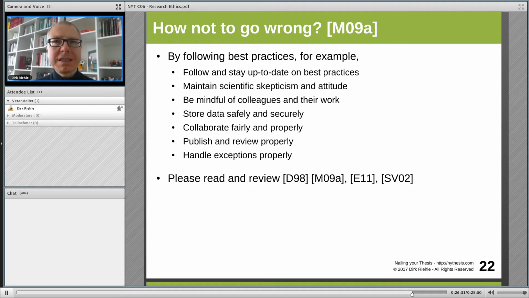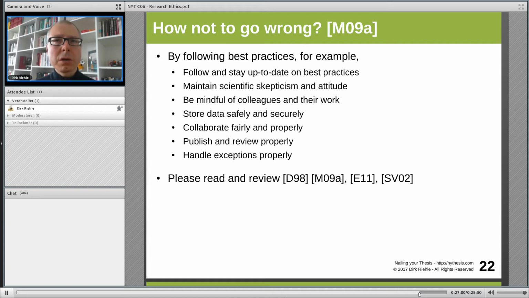Treat data properly, safely and securely, collaborate fairly and properly, give credit where credit is due. As you publish, list everything that needs to be listed. Don't hide any detail that might question what you're putting forward. Equally, provide fair reviews of other people's work, as open and complete as you can, without any hidden agenda of yours.